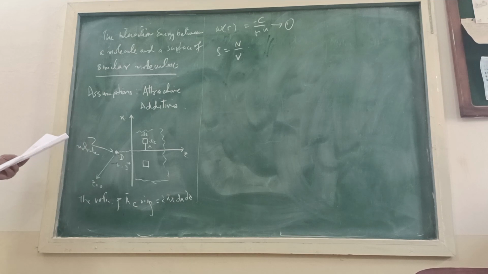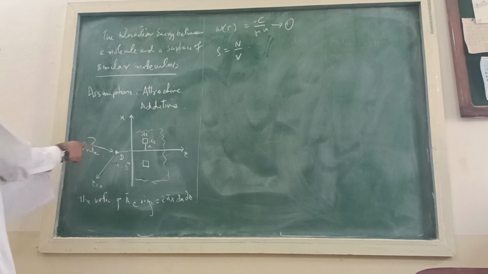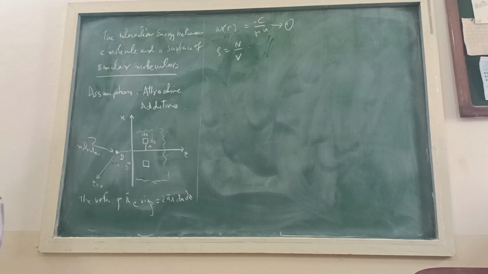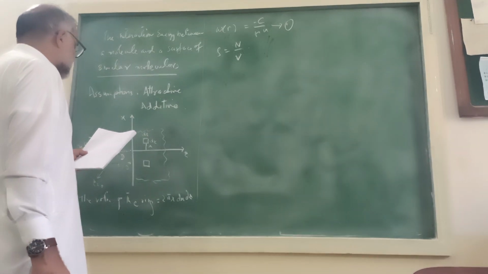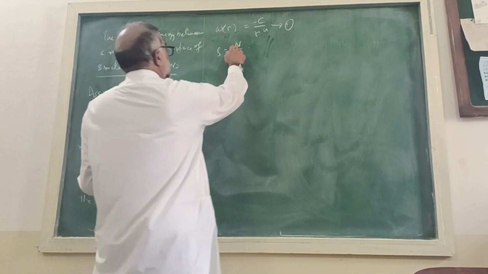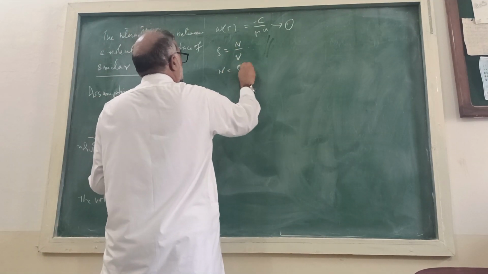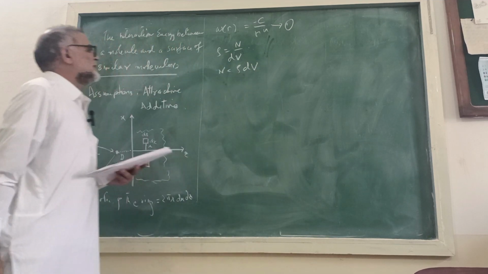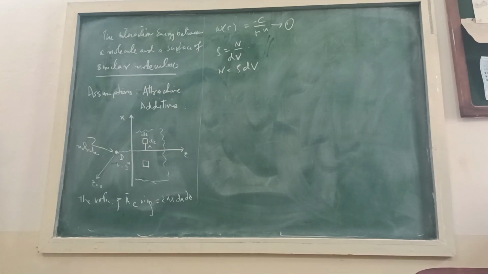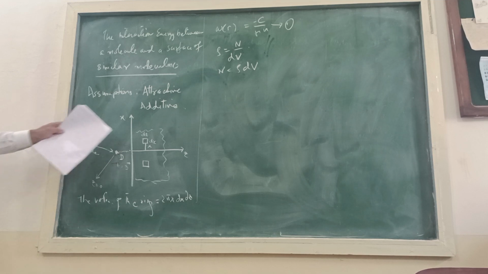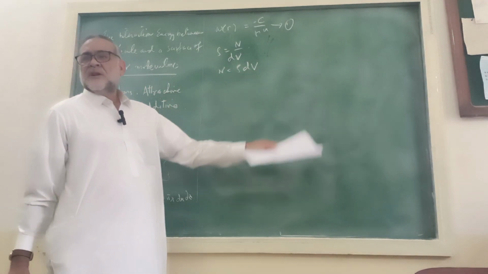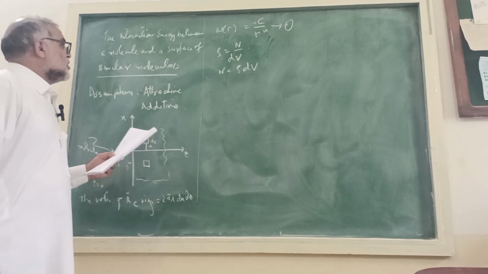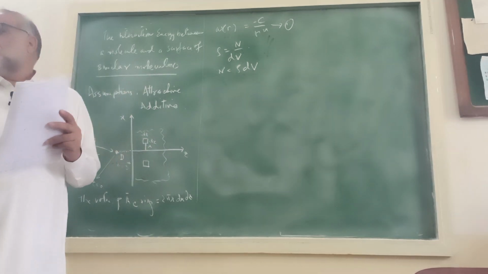So the interaction energy between this molecule and this whole ring, there are how many molecules? That will be n equal to rho dV. In this ring, there will be this much number of molecules, right?